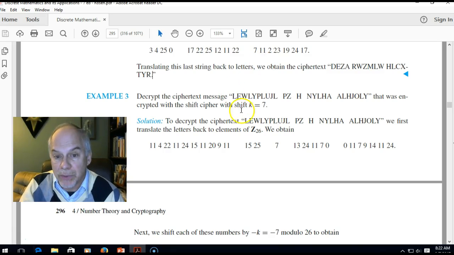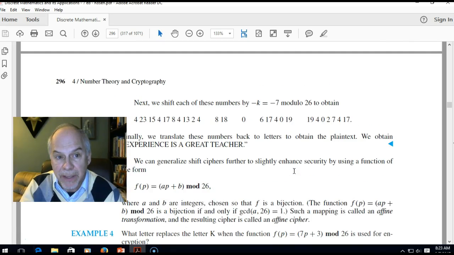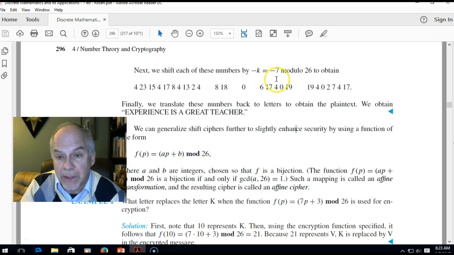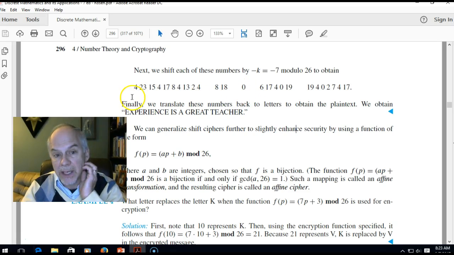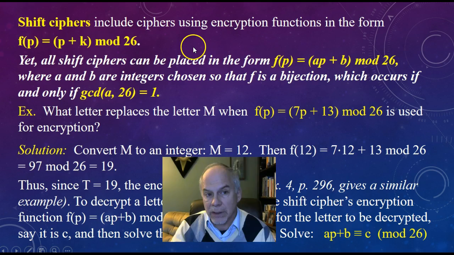And so that's what was done. So they first made the message into numbers, which is there at the bottom of that page. And then on page 296, they shift the letters by going -7. And so it backs it up, and you get the message, experience is a great teacher. And so you can look at that.